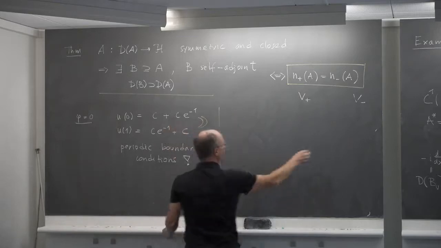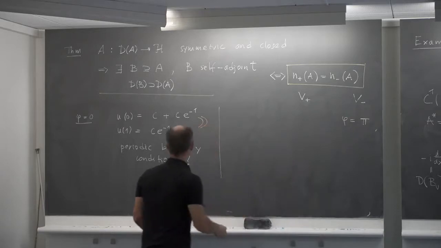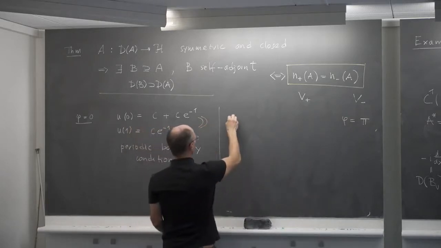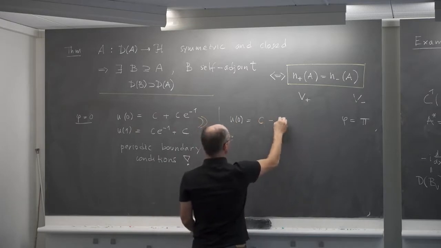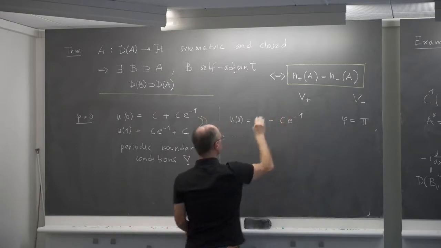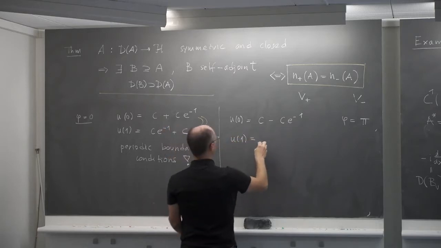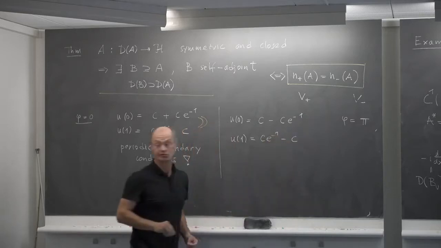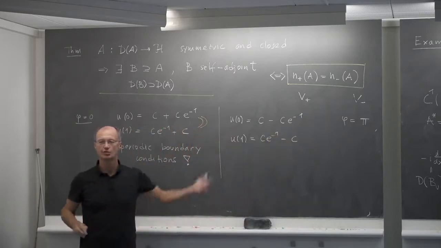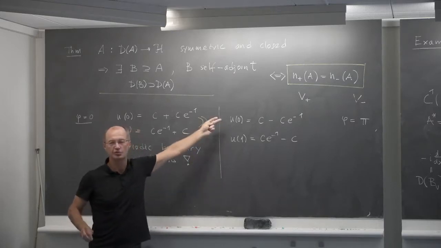Now, what about, for instance, phi equal to pi, right? Z is equal to -1. Well, u of 0 will be c minus c e minus 1, and u of 1 will be c e minus 1 minus c. So what is this as boundary conditions? What's the relation between u of 0 and u of 1?